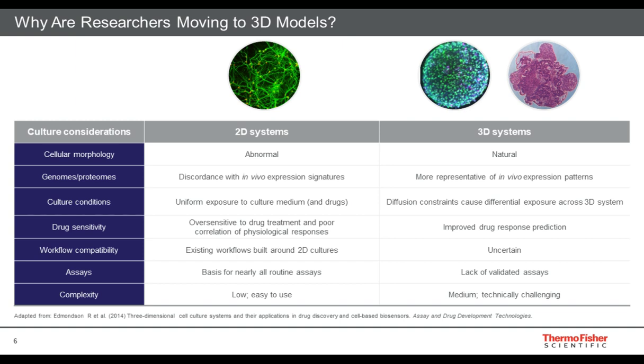And some of the results coming out of this are that when you culture cells in this way, the proteome and transcriptome signatures of cells in 3D models tend to look more like the signatures you would find in in vivo cells, whereas it's quite commonly seen that in 2D models, once cells are adapted to a 2D culture system and growing on plastic, a lot of these gene and protein expression signatures don't always look like what the in vivo situation looks like.